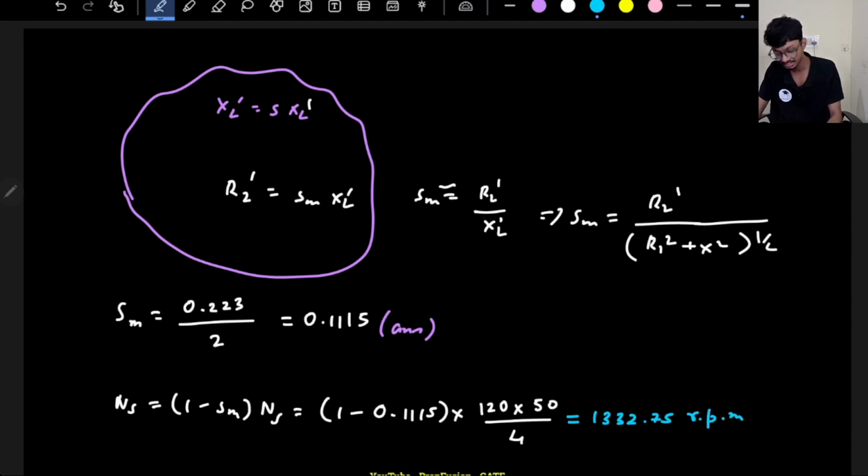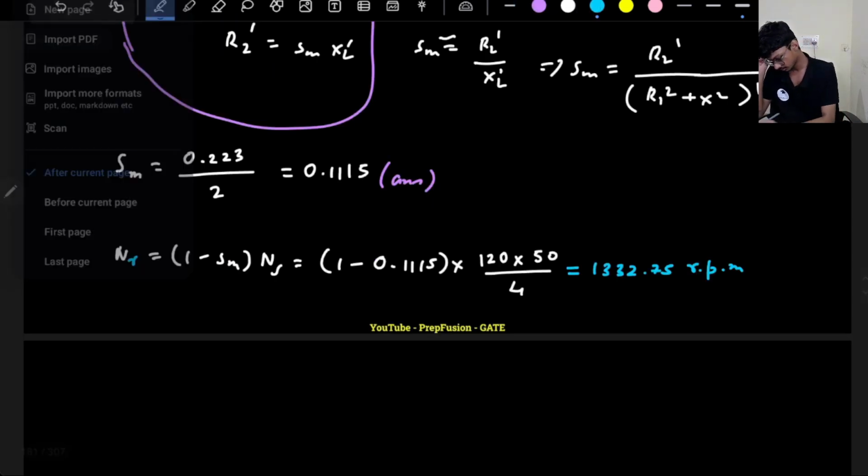This is Nr, right, not Ns. So this is the rotor speed corresponding to the maximum slip.